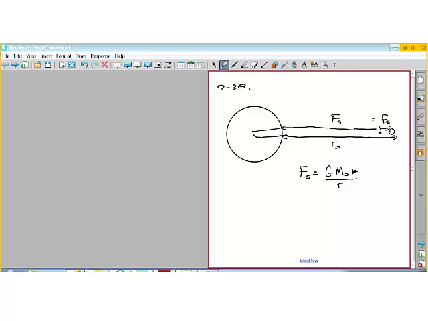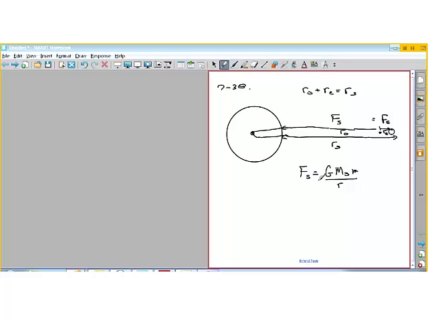So let's make sure it goes to the center. Let's say this is r to the object. So we know that this distance, r to the Earth, from this object is such that r sub o plus r sub e equals r sub s.